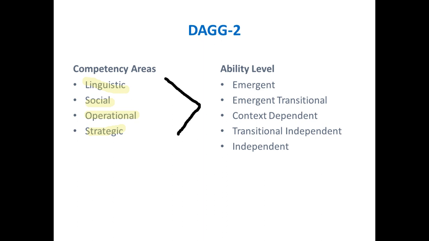So someone could be emergent in their social, but they might be context dependent in their linguistic. So your ability levels are emergent, transitional, context dependent, transitional, independent, and independent user or ability. So we'll talk more about these, and we're actually going to look at some examples today.